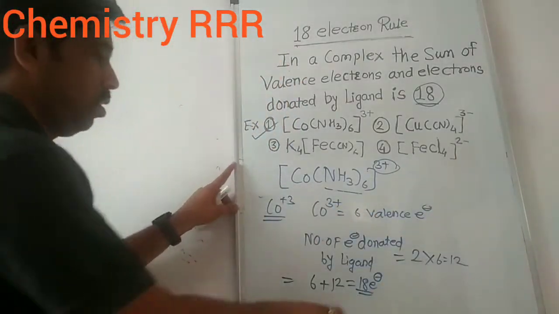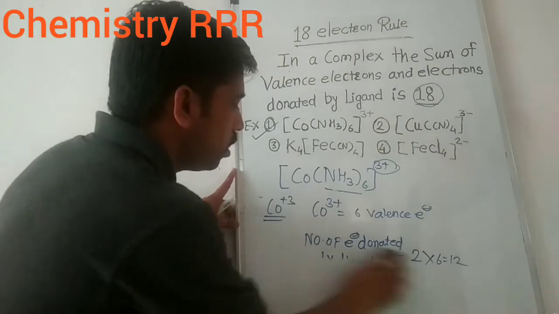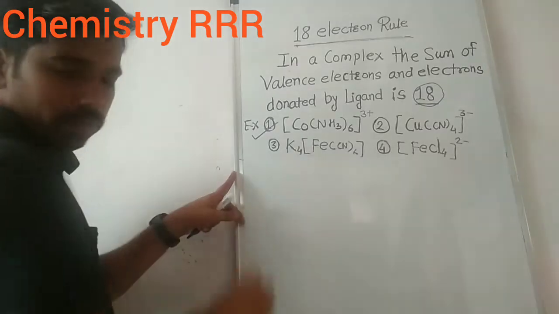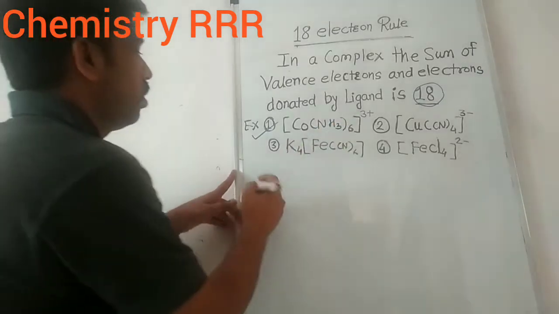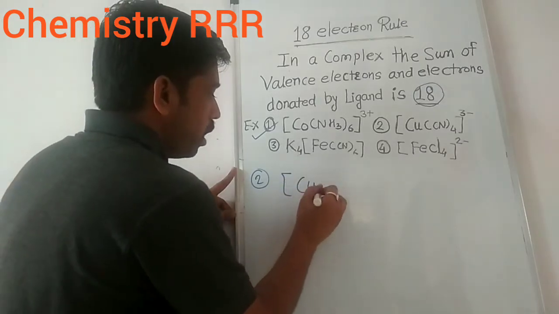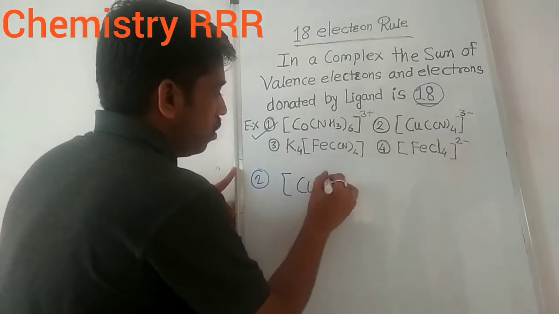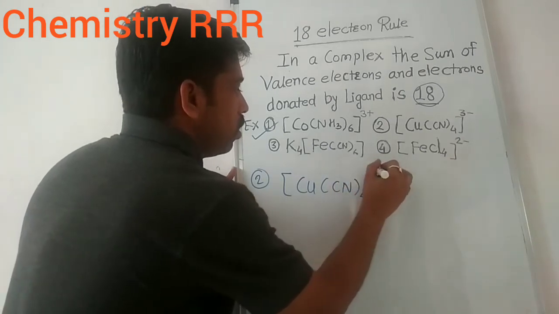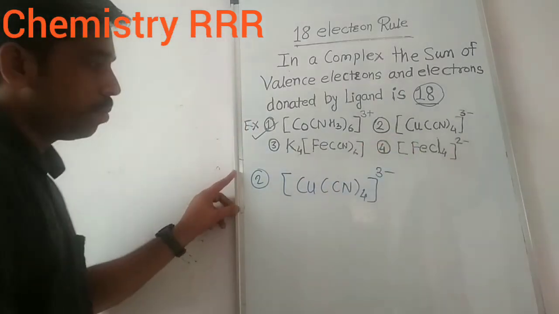Now let's discuss the second example. For the second example, the central metal is copper, the ligand is cyanide 4 times, and the charge on the complex is -3.